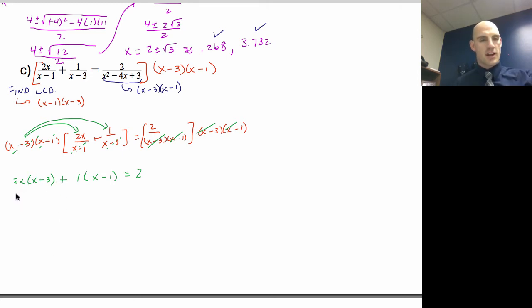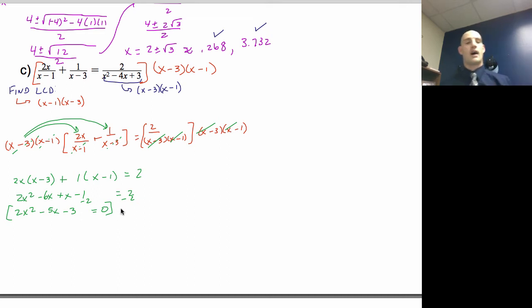So when I distribute this in, I get 2x squared minus 6x plus x minus 1 equals 2. Quadratic, 2x squared minus 5x, and if I subtract 2 from both sides, I get minus 3 equals 0. Well, look at this now. This is what I'm solving, a quadratic. I've got a couple of options.